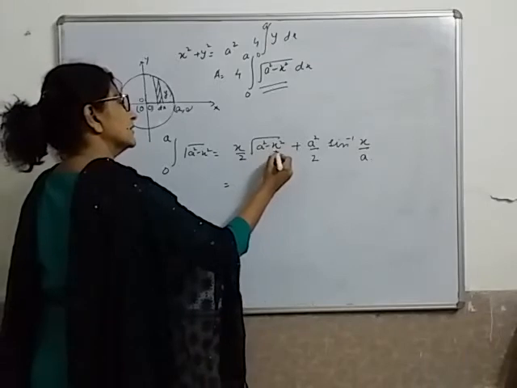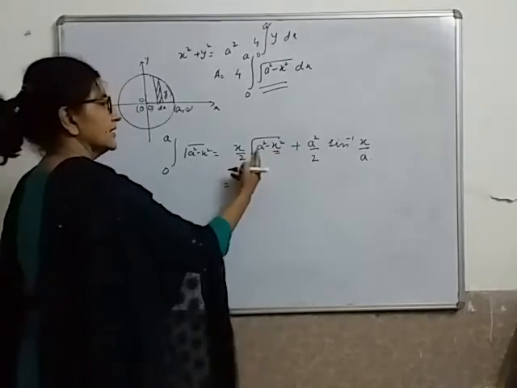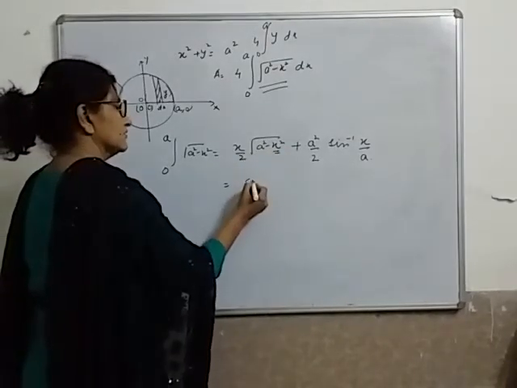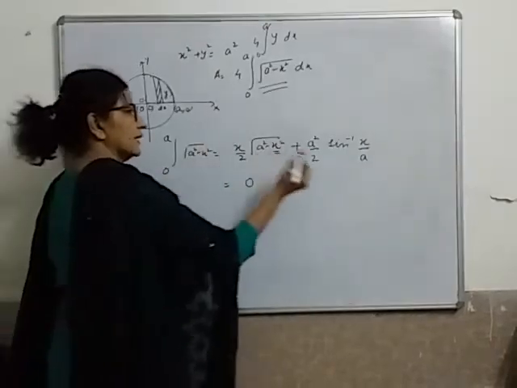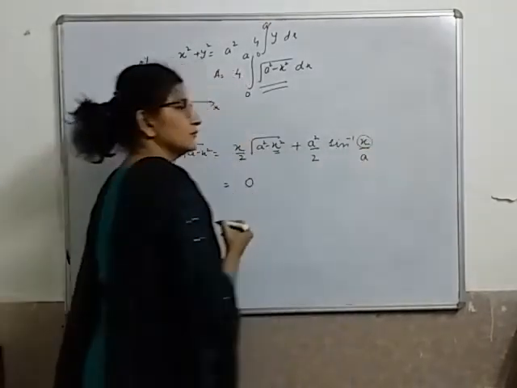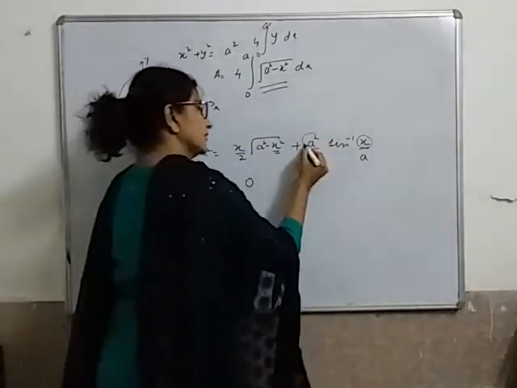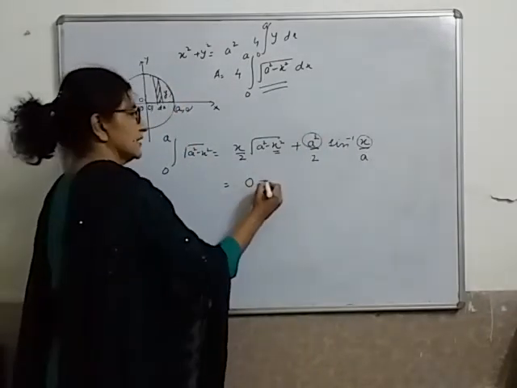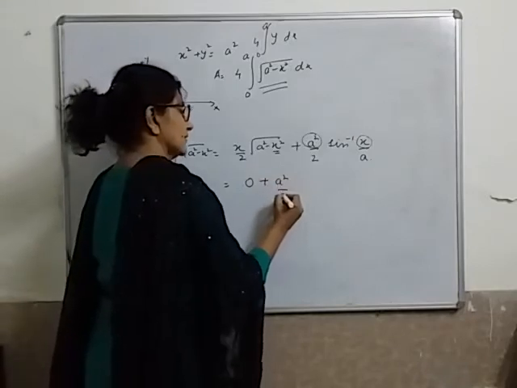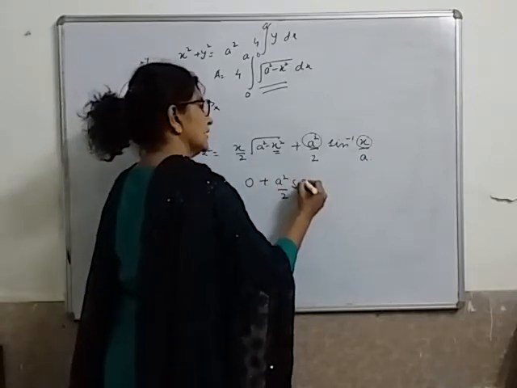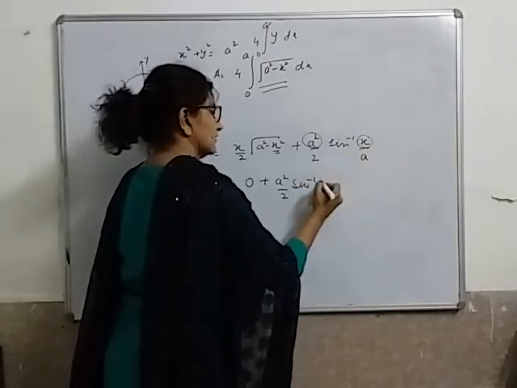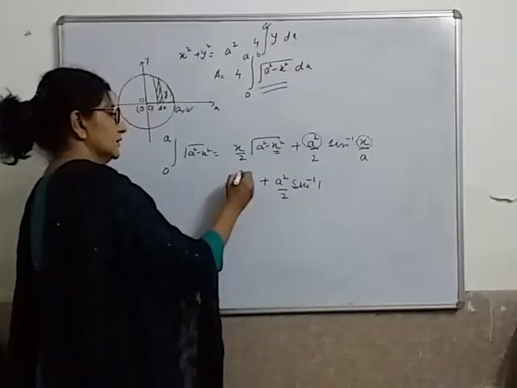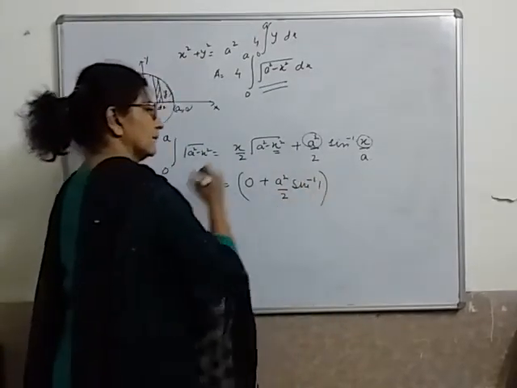When I put a here, a square minus a square becomes completely 0. When I put a here, sine inverse a by a becomes 1. It will be a square by 2 sine inverse a by a, that is 1. Okay, this is the first, the upper limit we have put.